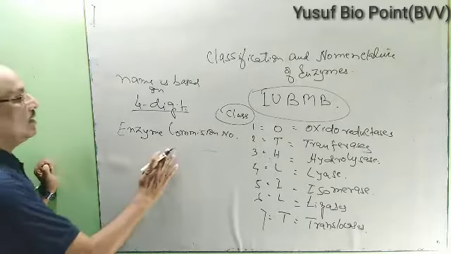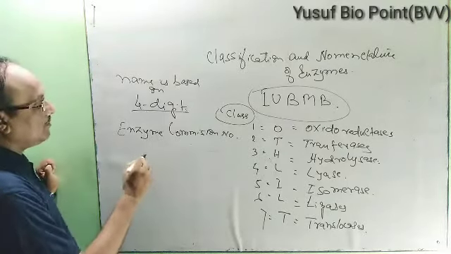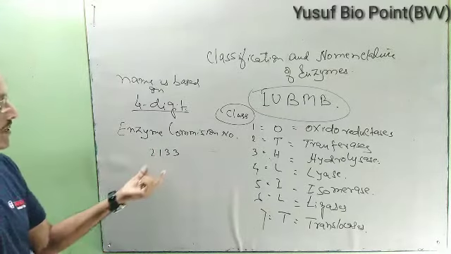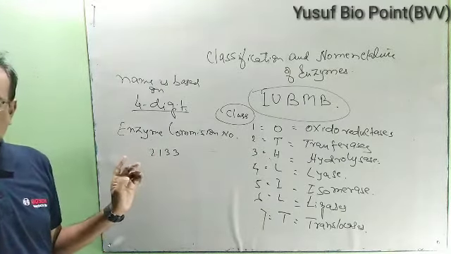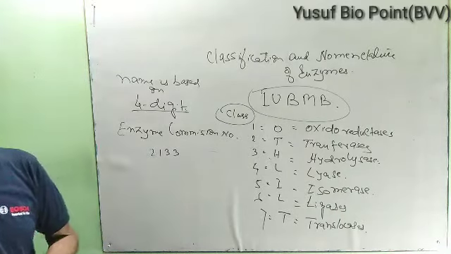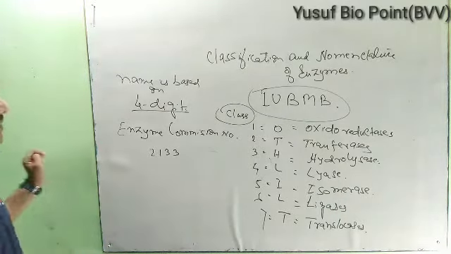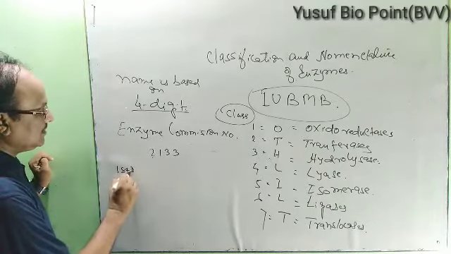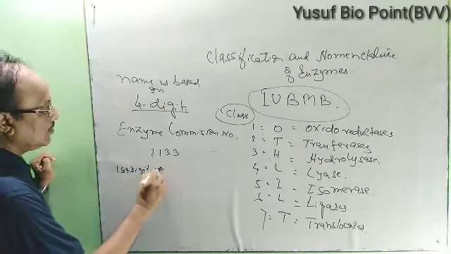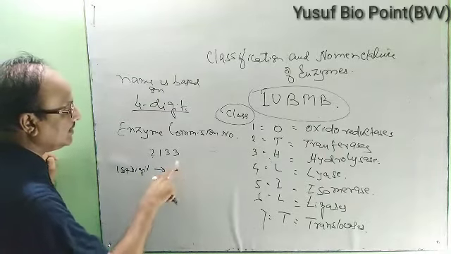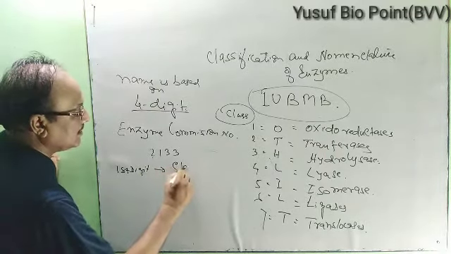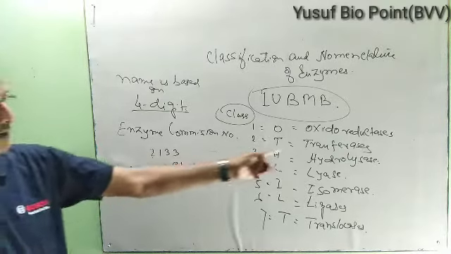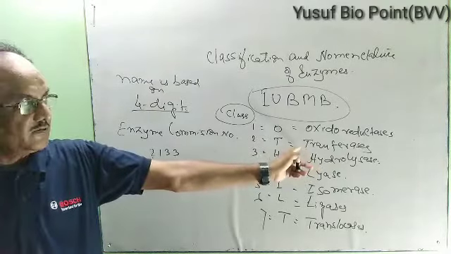Suppose there is an enzyme number 2, 1, 3. Suppose this is the digits of an enzyme. Understand? So what does it mean? The first digit will tell about its class. Means 2 means it is of the class transferases.